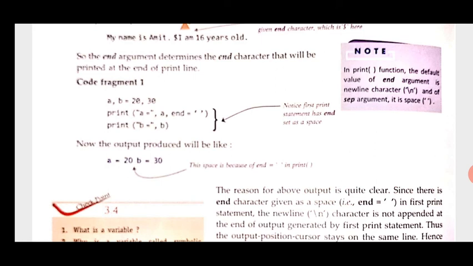But without quotes, if we write print a, then it will print the value of a. When it is written as a string, then the same a will come. When it is written only a, then the value inside that variable will come. So these are the three features of the print statement.